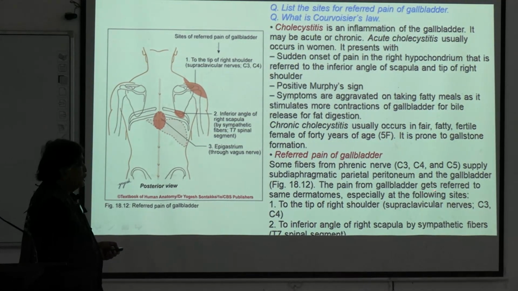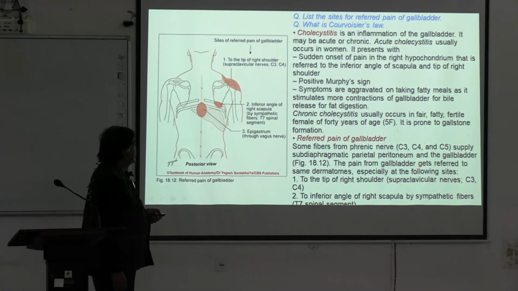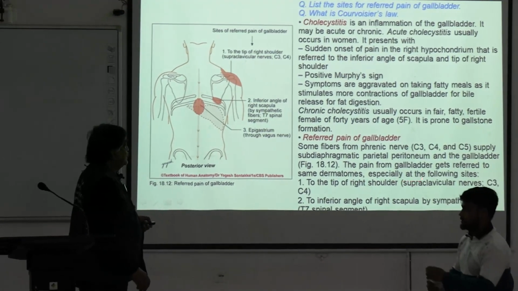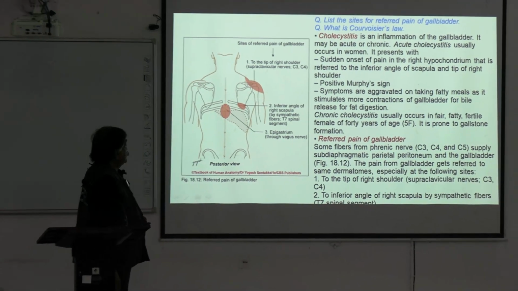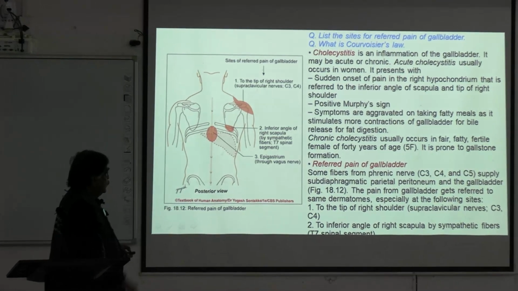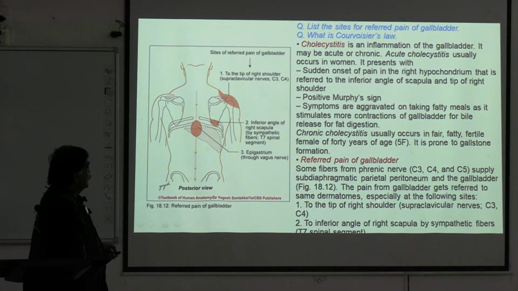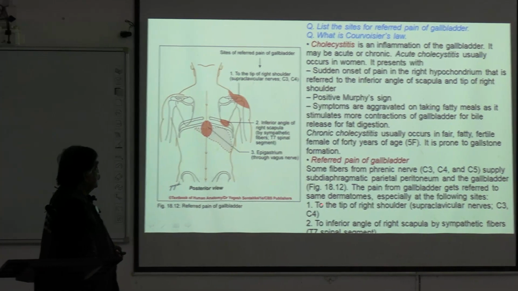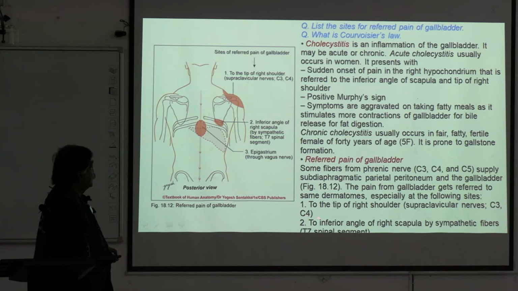The pain from the gallbladder gets referred to the same dermatome, especially at the following sites: to the tip of the right shoulder, supraclavicular nerves, C3, C4, and to the inferior angle of the right scapula by sympathetic fibers, T7 spinal segment.